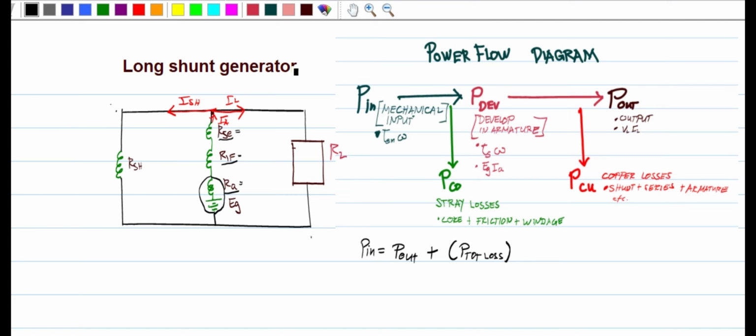What are the losses? We have the copper loss and the core loss. The copper loss, we have shunt, series, and armature, which are right here.